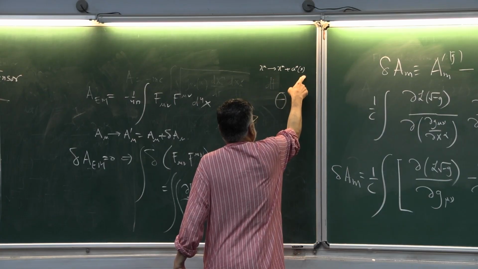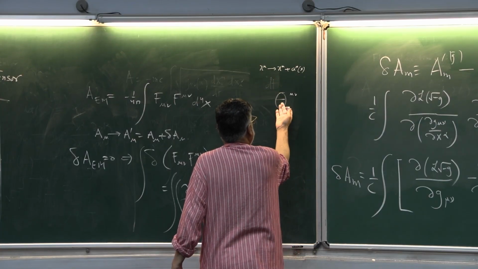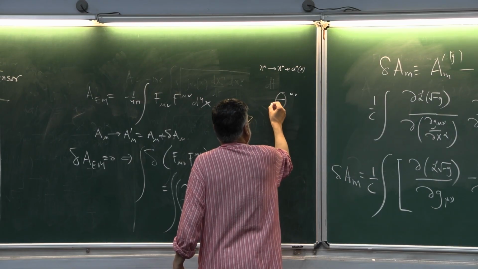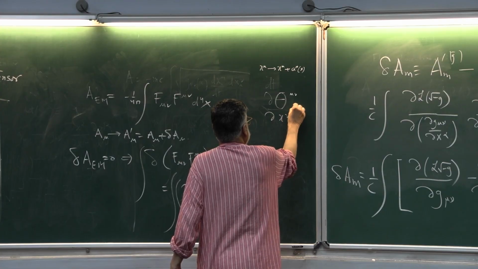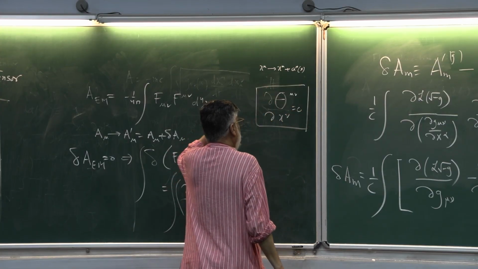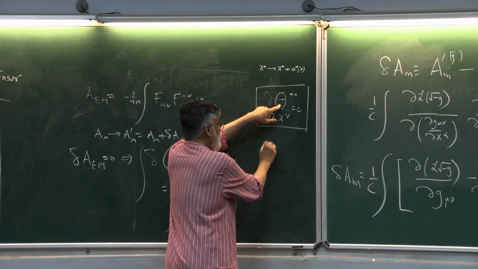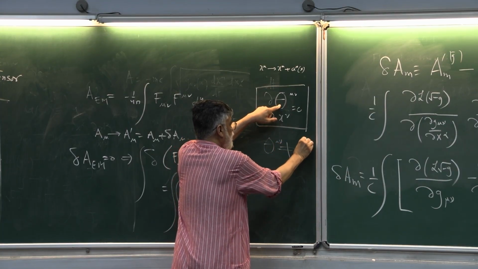That's the Belinfante-type method. You'll obtain from Noether's theorem a theta mu nu which satisfies del theta mu nu by del x nu equals 0. That means local conservation of energy momentum tensor. But in general, you will find theta mu nu is not equal to theta nu mu.